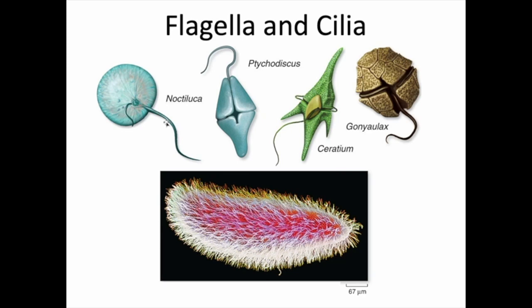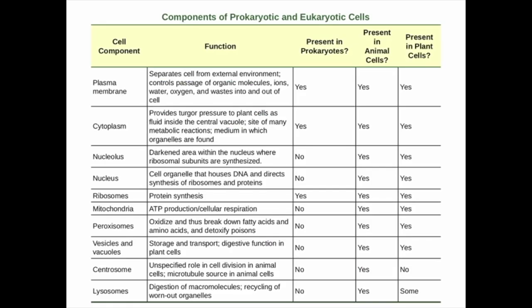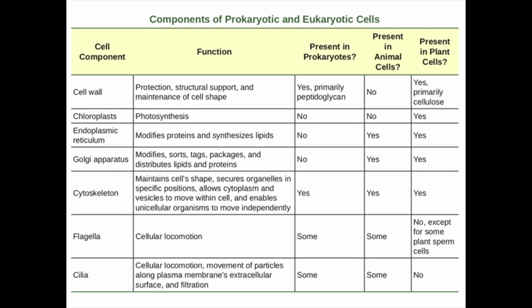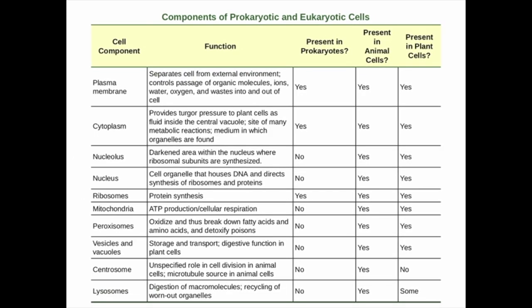Now, this does bring us to the end of this chapter, and oh boy, this has been a lot of stuff. So I want to point out that in my slides on Canvas, there are a couple of tables that summarize everything that we've gone through. Now, you don't need to know all of this. Some of these we did skip, like the nucleolus.